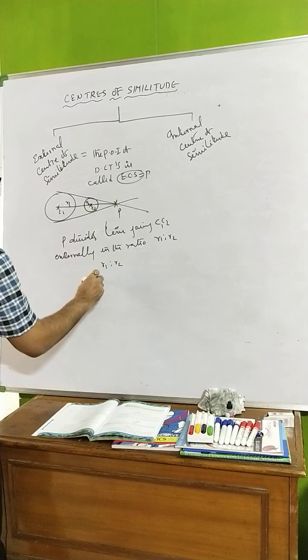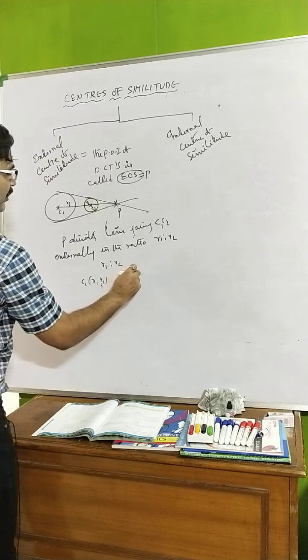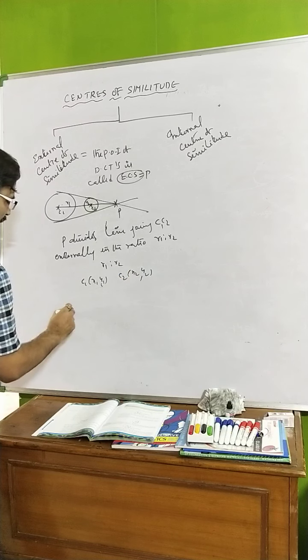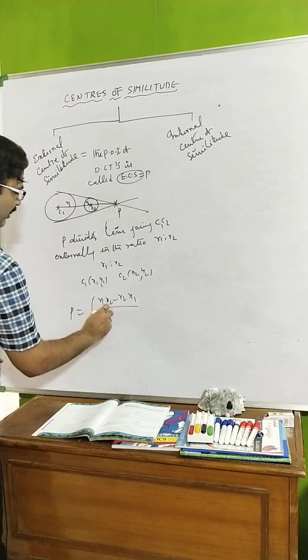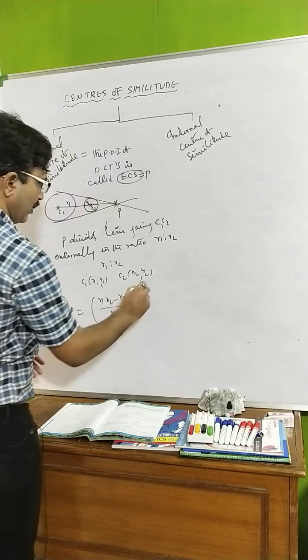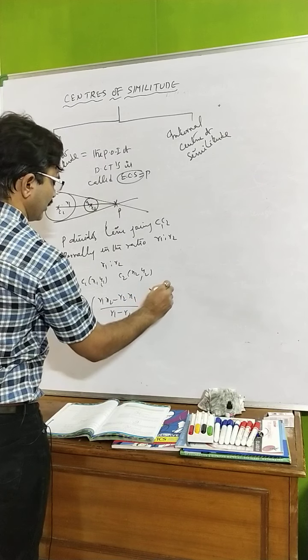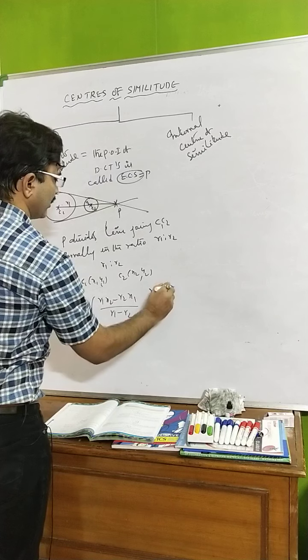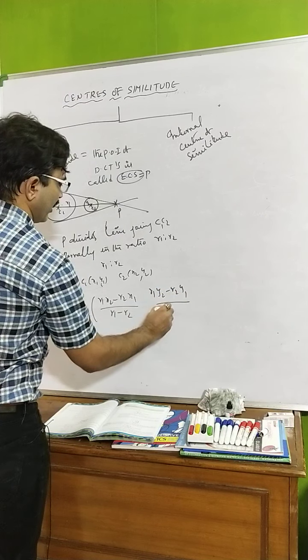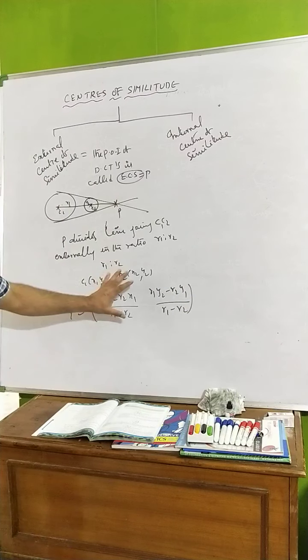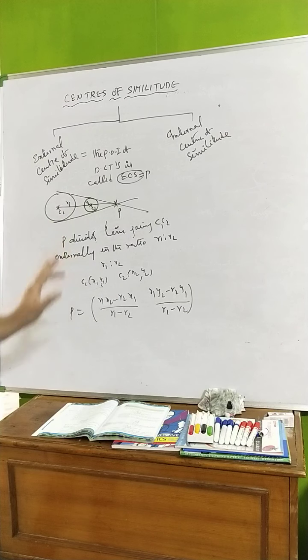Suppose you see that R1 is to R2 ratio is there. C1 is (x1, y1) and C2 is (x2, y2). So P coordinates are (R1 x2 minus R2 x1) divided by (R1 minus R2), and in the same way, the other one is (R1 y2 minus R2 y1) divided by (R1 minus R2). Like this we are going to find the external center of similitude.